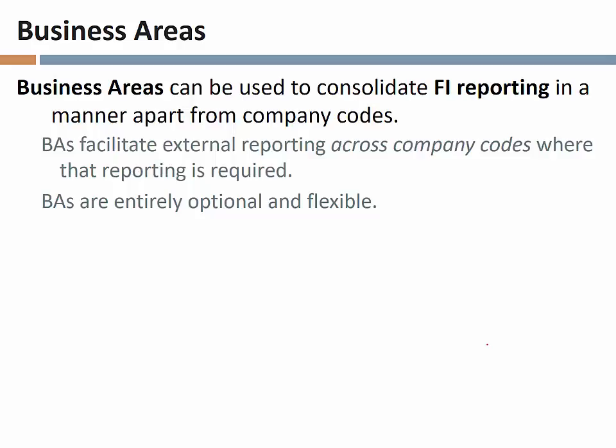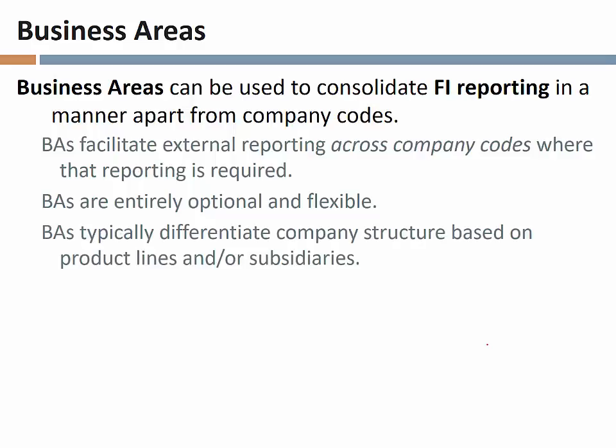Business areas are very flexible, giving us the maximum ability to say, I'm going to take this part, and this part, and this part, and make all of that a business area. We can do that. Business areas typically allow us to differentiate company structures based on product lines or subsidiaries.